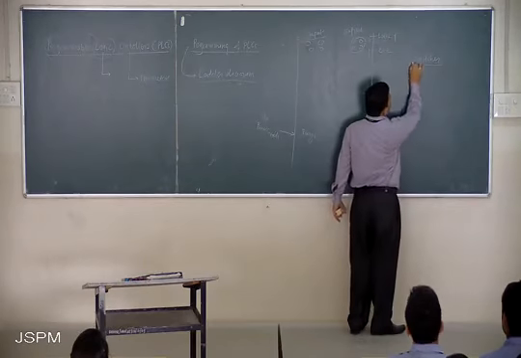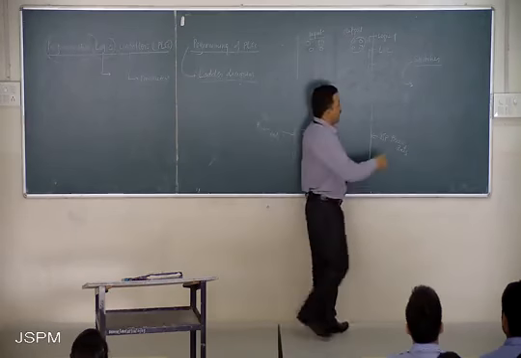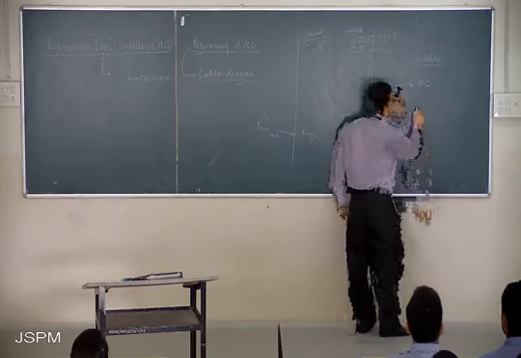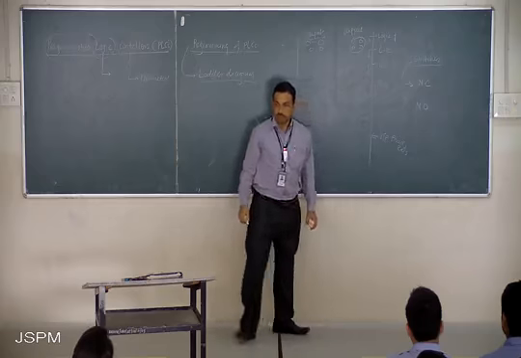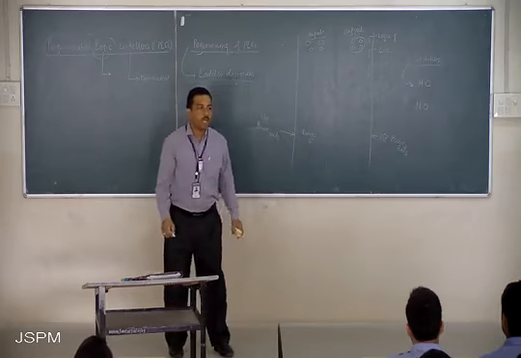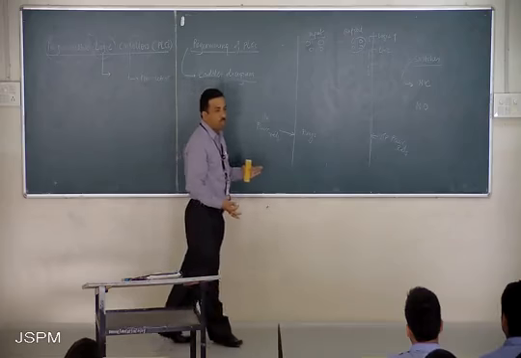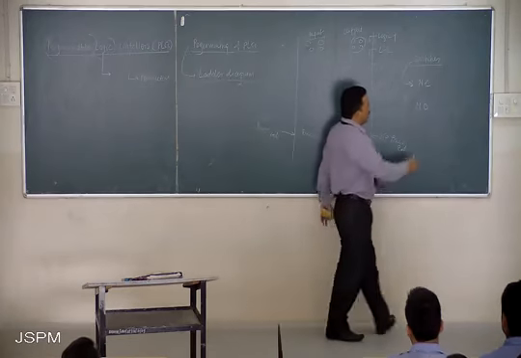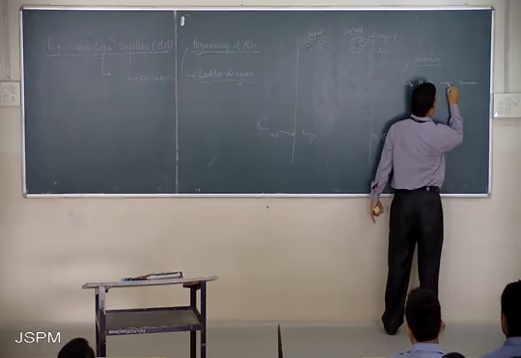Now switches are again of two types. One is normally closed and one is normally open. Okay, the switches are basically of two types, normally closed and normally open. Now what is the meaning of normally closed and how is it represented? It is represented like this.